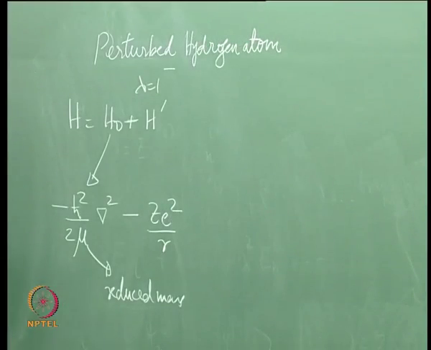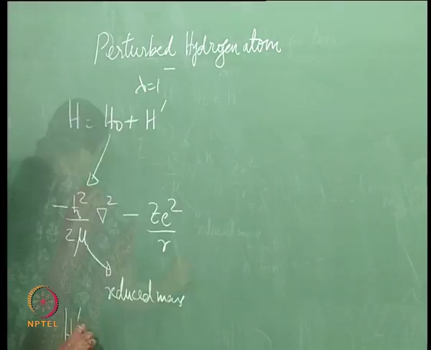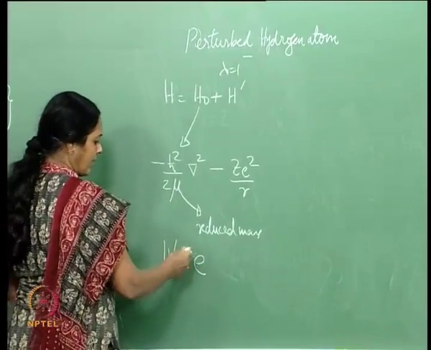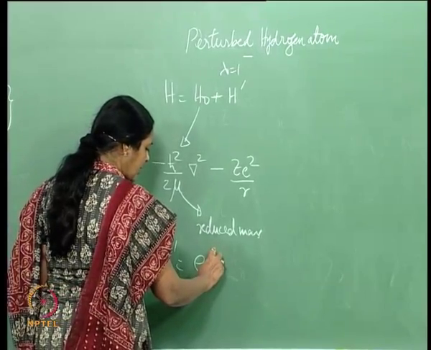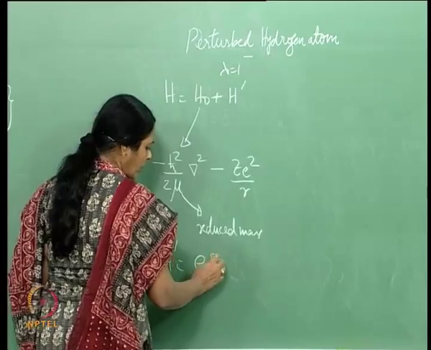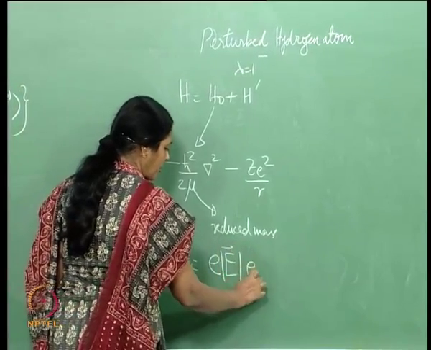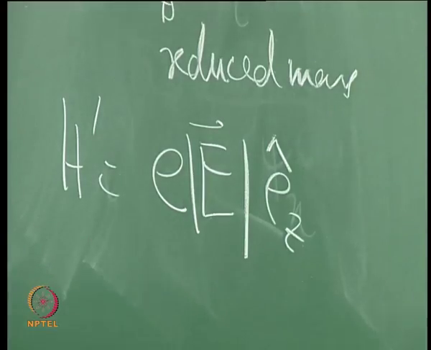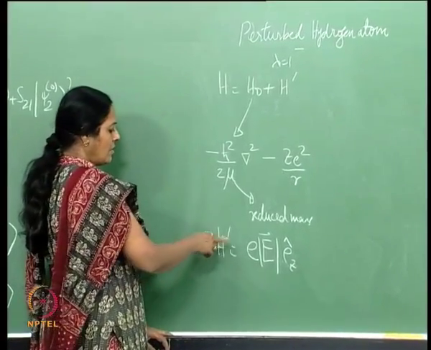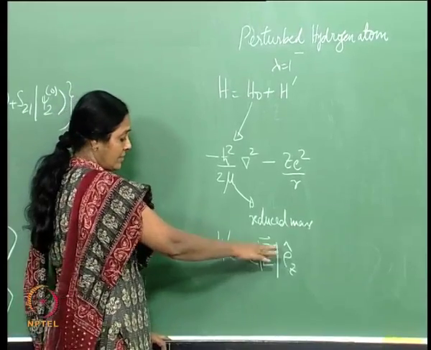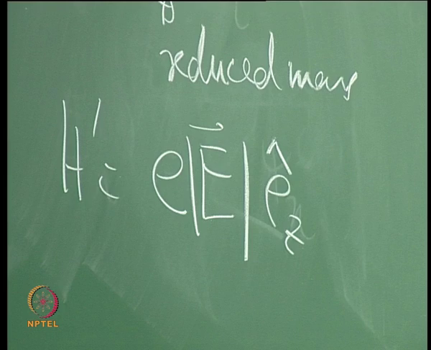So, that is the unperturbed part of the hydrogen atom. I need to provide a perturbation. The perturbation could come in the form of an electric field. I am going to consider an electric field. The perturbation has the electric charge e times an electric field, and this electric field is going to be modulus of E times e z. It is a homogeneous field, it is a constant field. So, this is what I have.